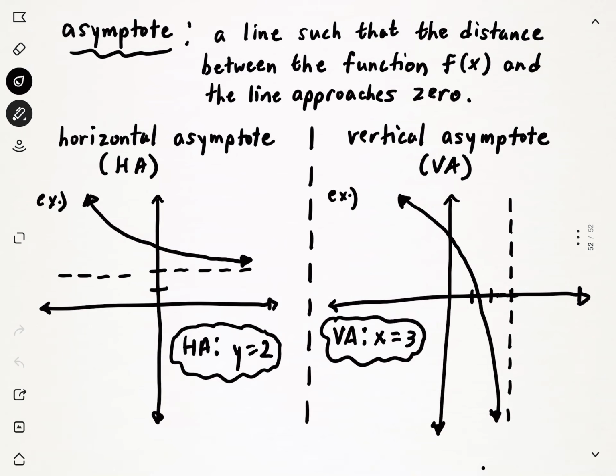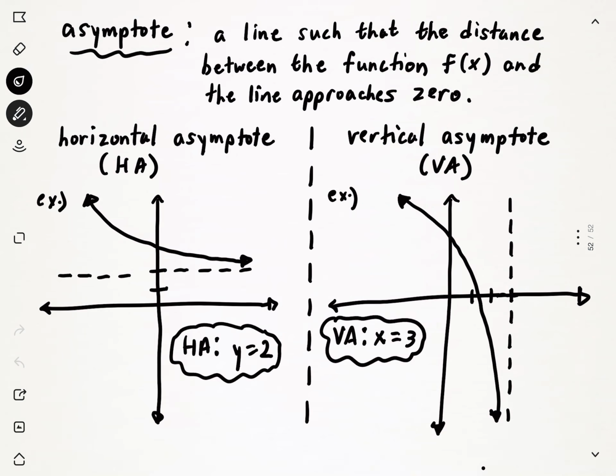So you can see, on the graph on the left, the horizontal asymptote passes through y is equal to 2. So every point on that asymptote will have a y value of 2. So all horizontal lines are written as y equals a number.